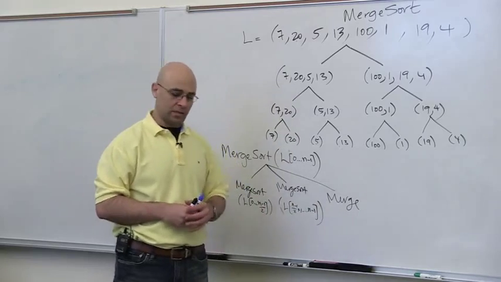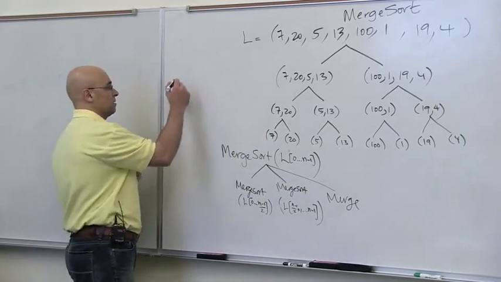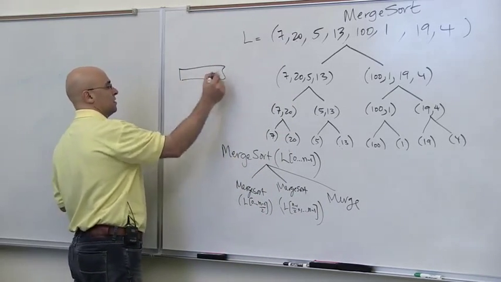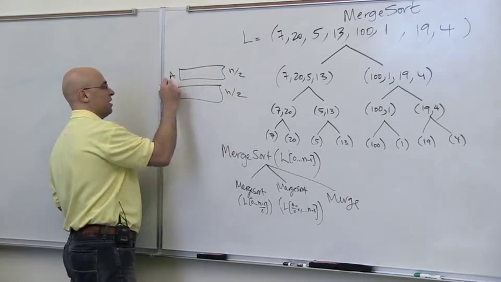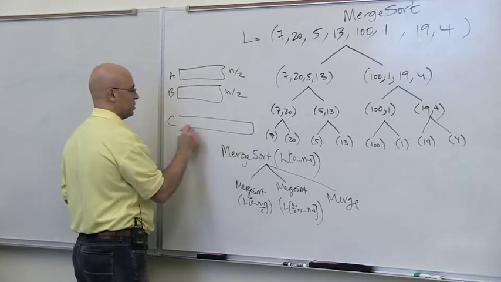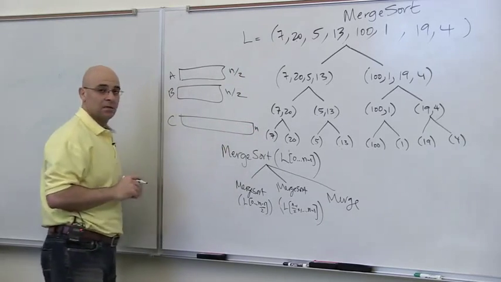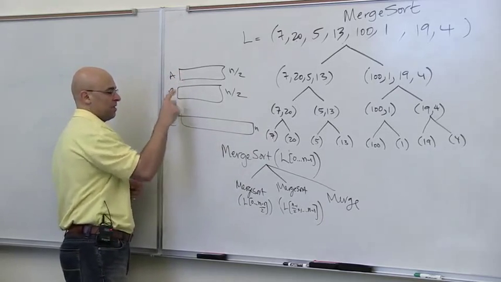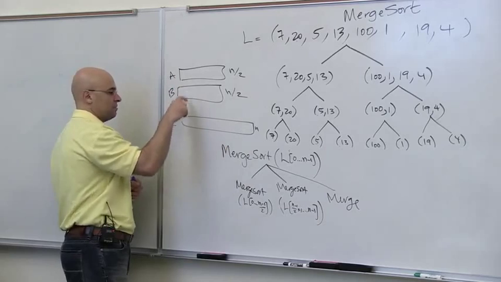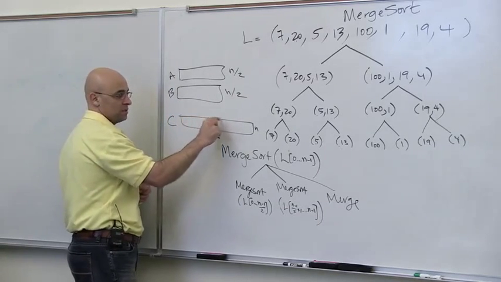How long does merge take? Suppose I have two lists, each of size n over 2. Remember, these were A and B, and I copied them into C, which is of size n. The merge is going to look at these two items first, compare them, and copy the smaller, then the second, and copy it, and so on.